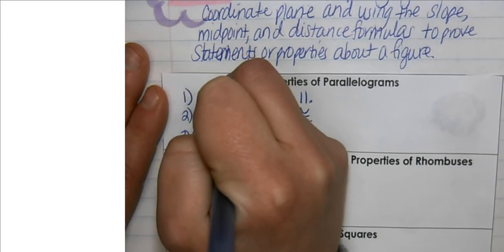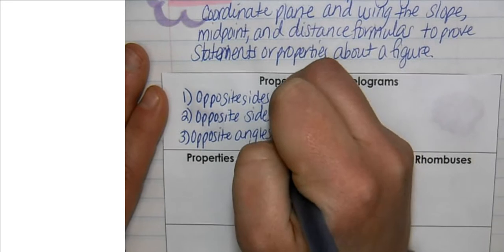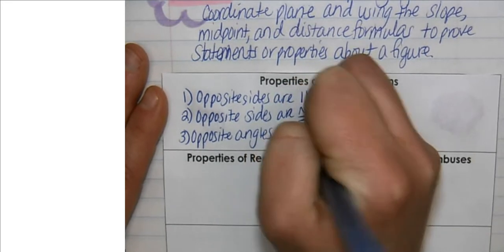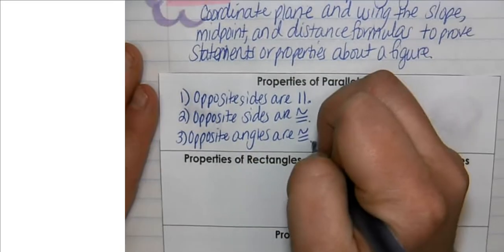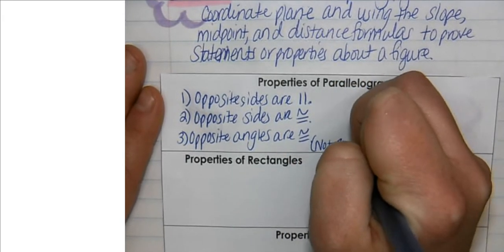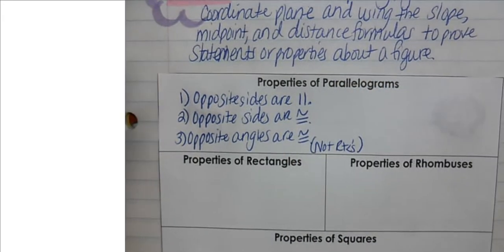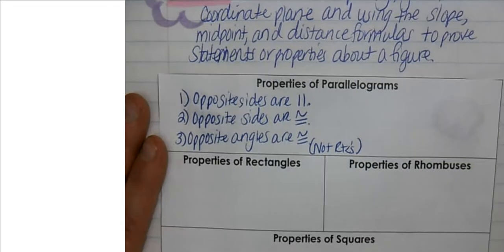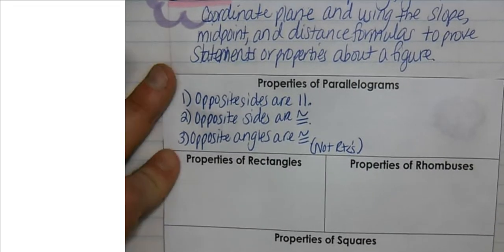The third one is that opposite angles are congruent, but not right angles. So I'm going to also write that down. They're not right angles in a parallelogram, only sometimes. And then we would just put that parallelogram into a different category.